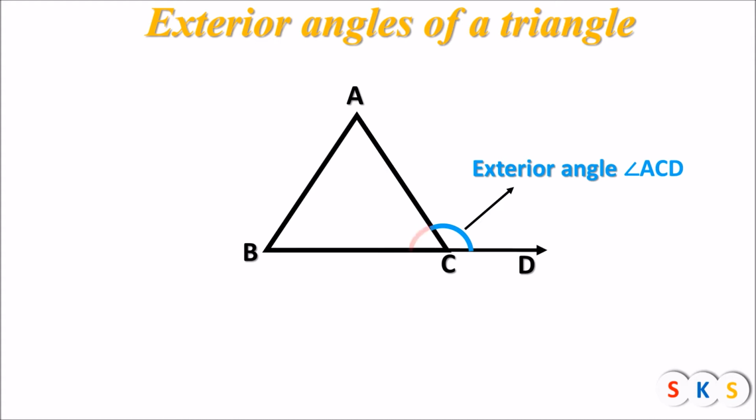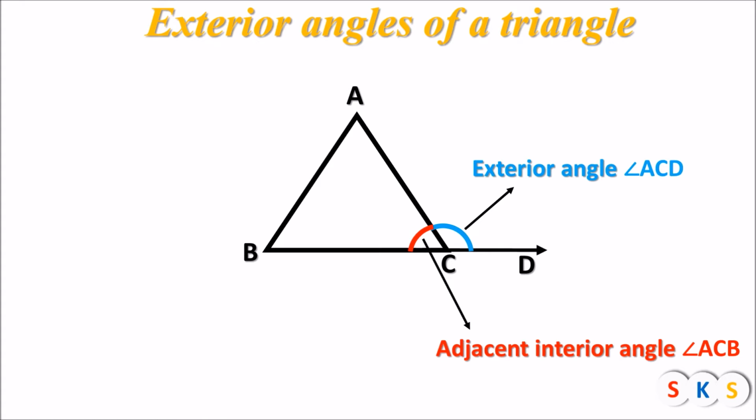And here angle ACB, the angle marked with a red arc, is an interior angle of this triangle, but it is adjacent to exterior angle ACD. So angle ACD is the exterior angle, and angle ACB is adjacent to it.